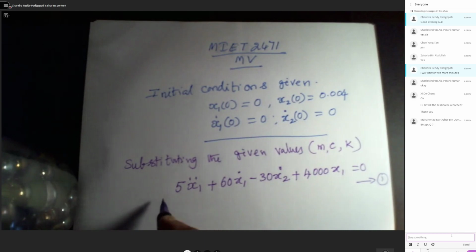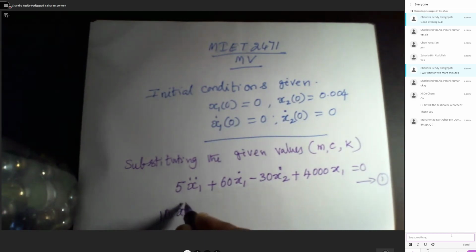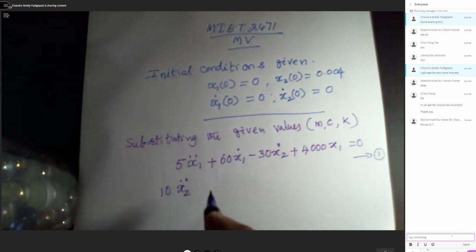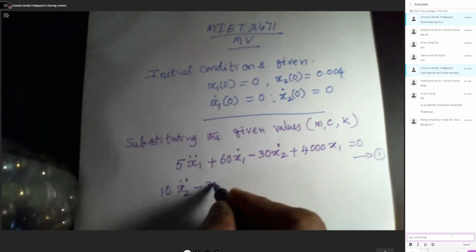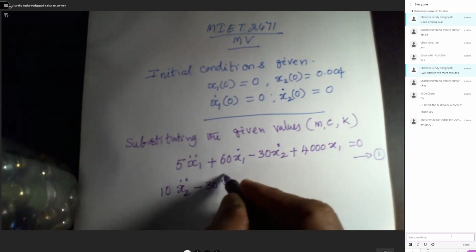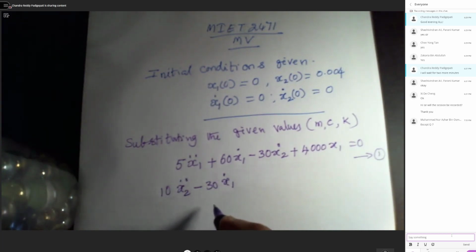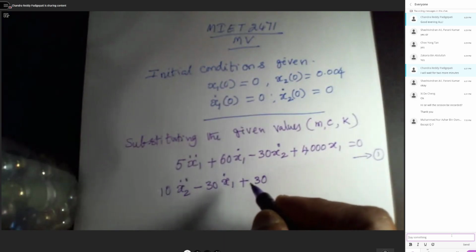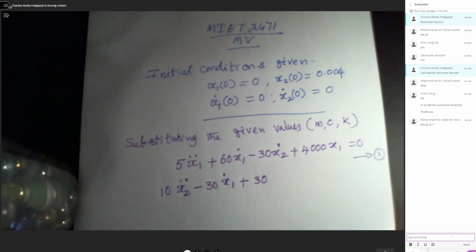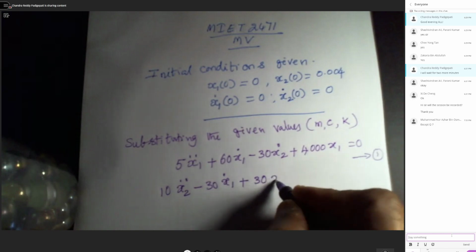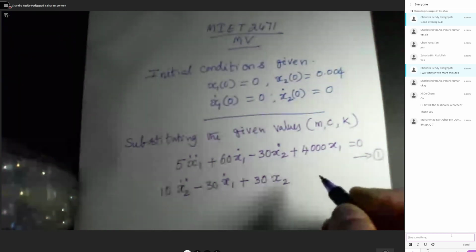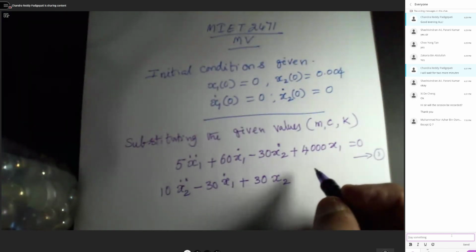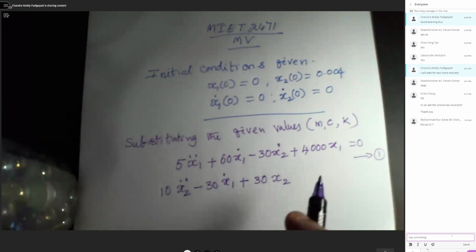Okay. So the second equation of motion will be 10x2 double dot, then minus 30 x1 dot. This is the damping constant. So plus 30 x2. Just give me a minute.